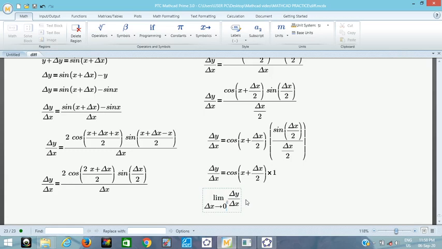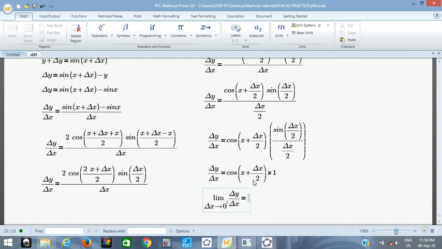Every delta x value you have here is going to be 0, so 0 divided by 2 is 0, and 0 plus x is x.